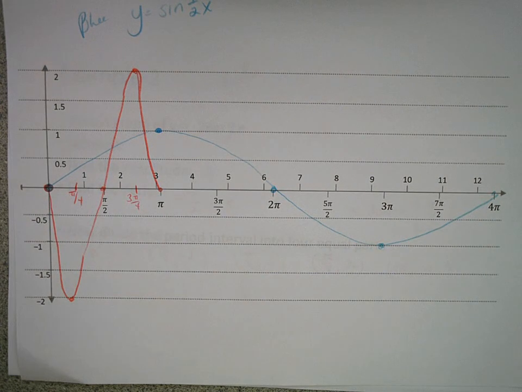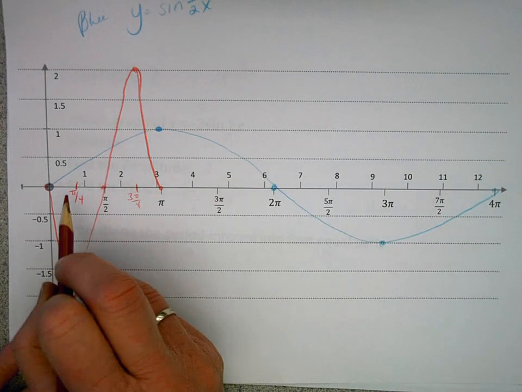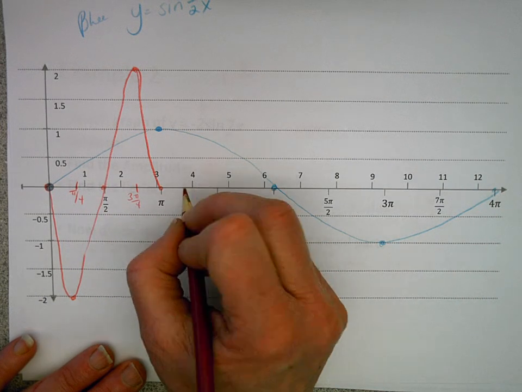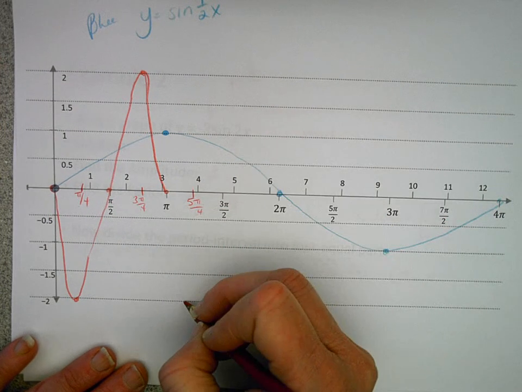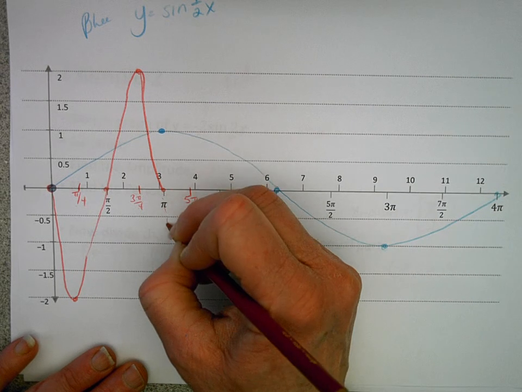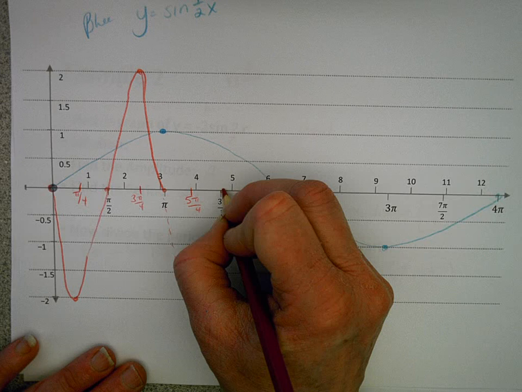And I can keep doing that, okay? And that's going to happen on the back, but I might as well do it now. So this is one cycle. 1/4, 2/4, 3/4, 4/4. The next point would be at 5/4. And I'm just going to complete this, and I'm going to make it dotted to show you that I'm just completing it. 6/4 is the same as 3 pi over 2.